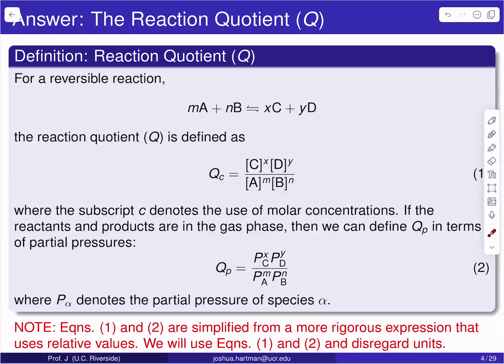But suffice it to say, for right now, we will effectively be able to quantify and understand equilibrium dynamics using either equations 1 or 2 and effectively ignoring units. So pick whatever unit you want for pressure, be consistent, use your concentration in molarity, and you will be good to go in terms of solving problems.